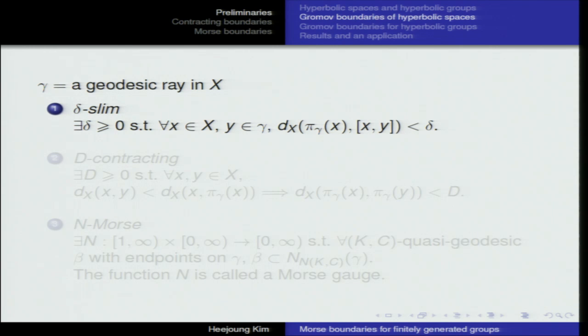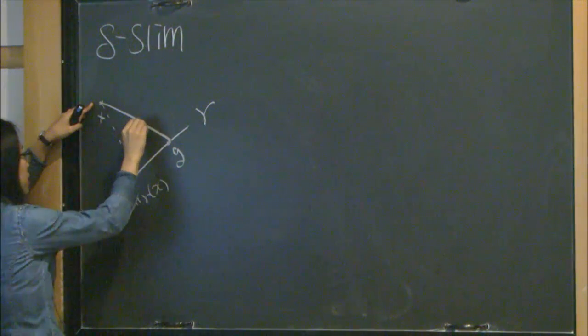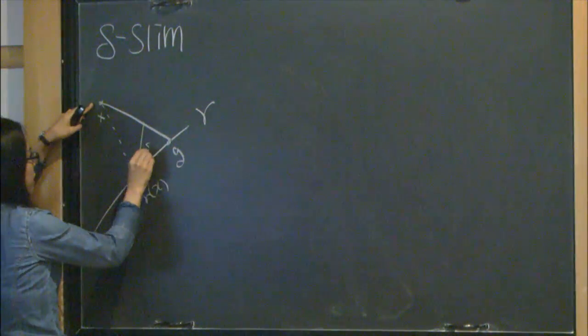So the picture: I have gamma, this is a geodesic ray, and for any point X and any point Y here, think about the projection, then for any geodesic with endpoints X and Y, this distance is less than delta.